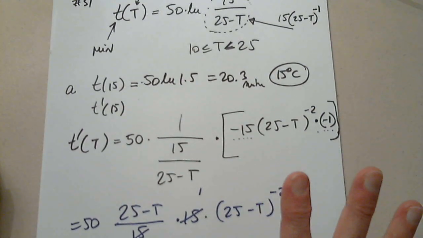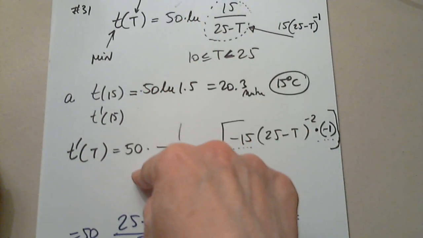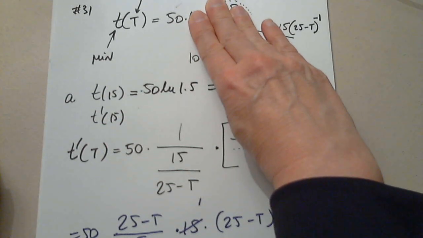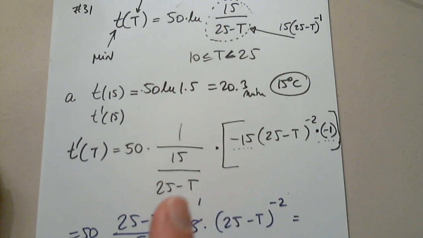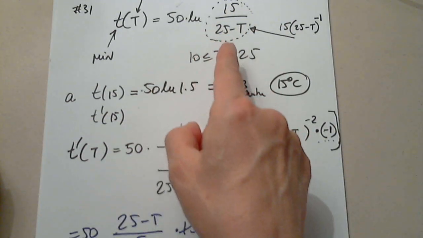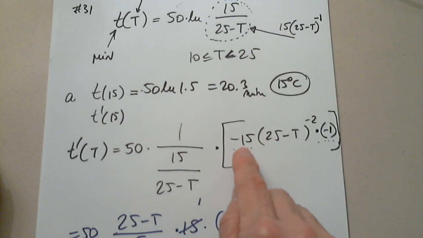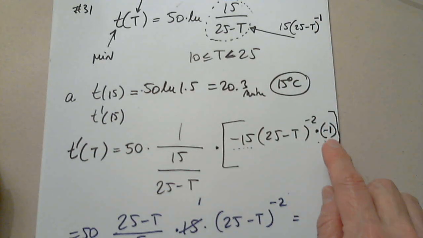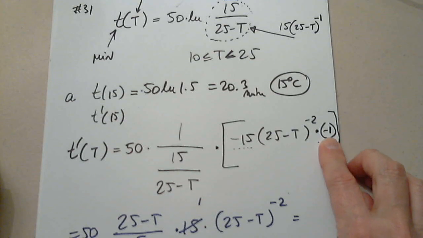So to make it as easy as possible, let's review this for a moment. 50 stays outside. I differentiate natural log of a function. When I differentiate natural log of a function, I have 1 over the function times that function prime. But when I differentiate it, I prefer this form. I bring down negative 1, I subtract 1 from the power, and I can never forget those magic words, times the inner function prime.